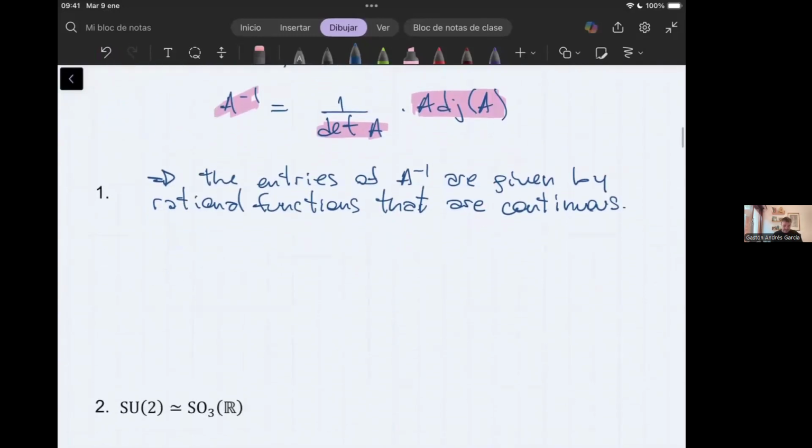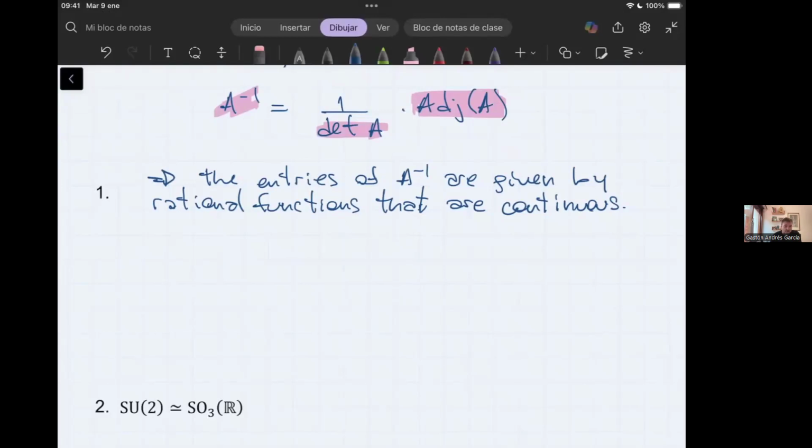So perfect. Every time we talk about a matrix group, we know the structural maps are given by polynomials or rational functions that are continuous. So we're okay with that. So we're fine with the topology.